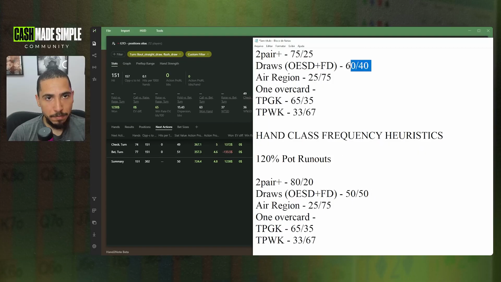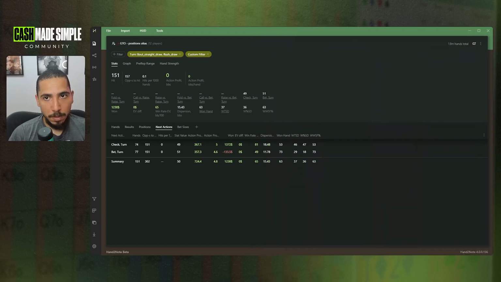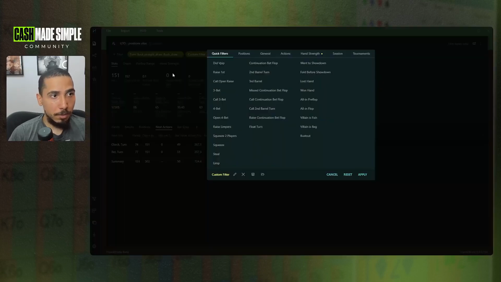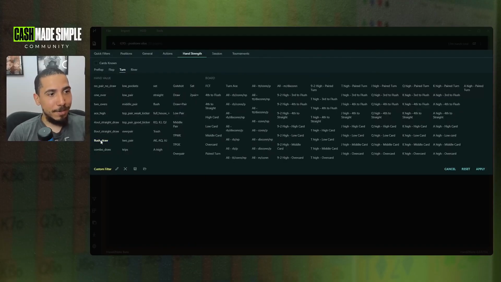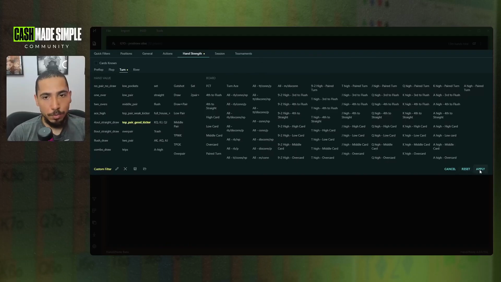But 50-50, very close to what we had before. So 75-25, 80-20, 60-40, 50-50. We're probably going to come to the conclusion that we should use the same hand class frequency heuristics regardless of the runout, which would be amazing, right? For our execution, it would be amazing if that were to hold true.